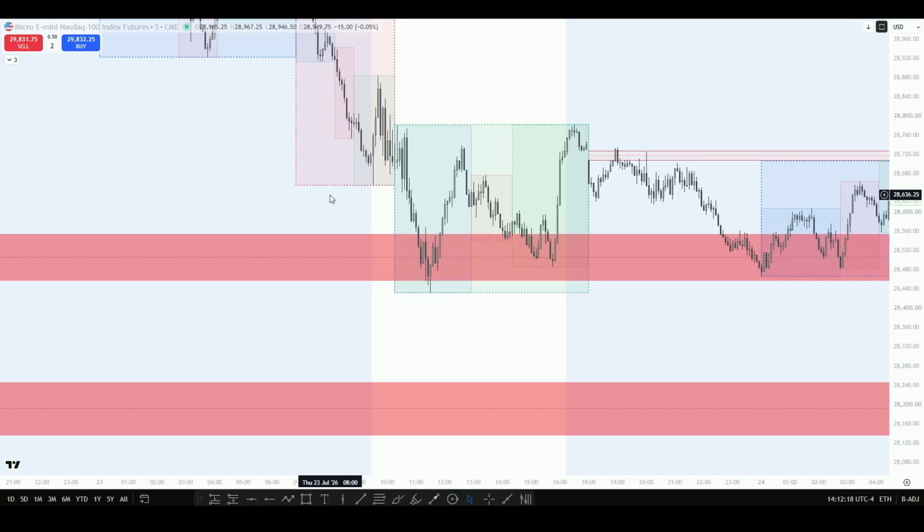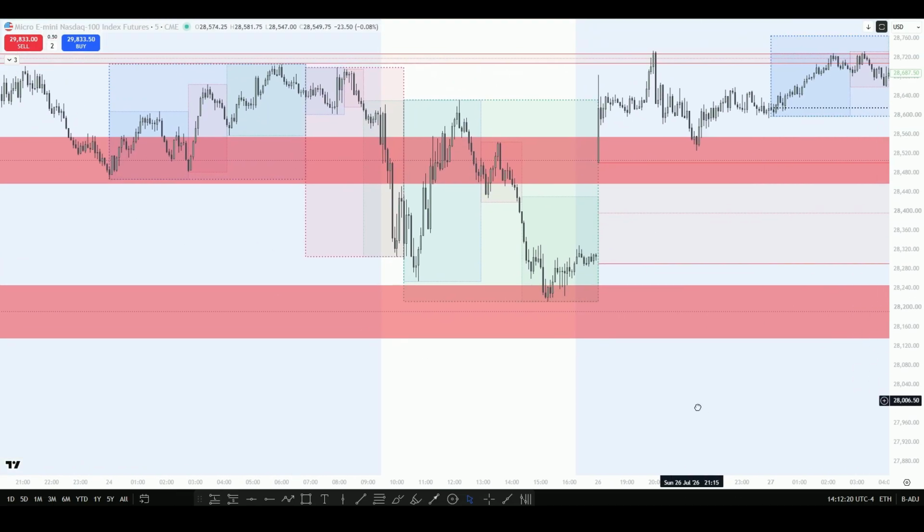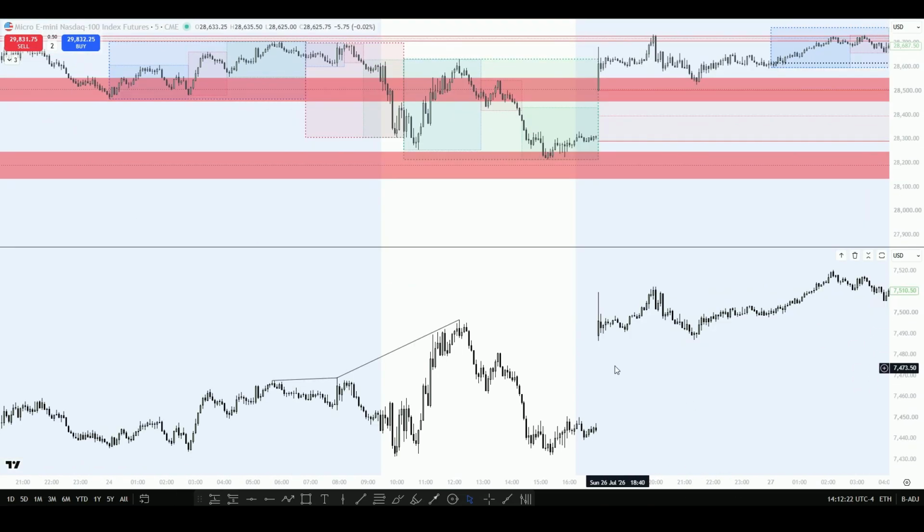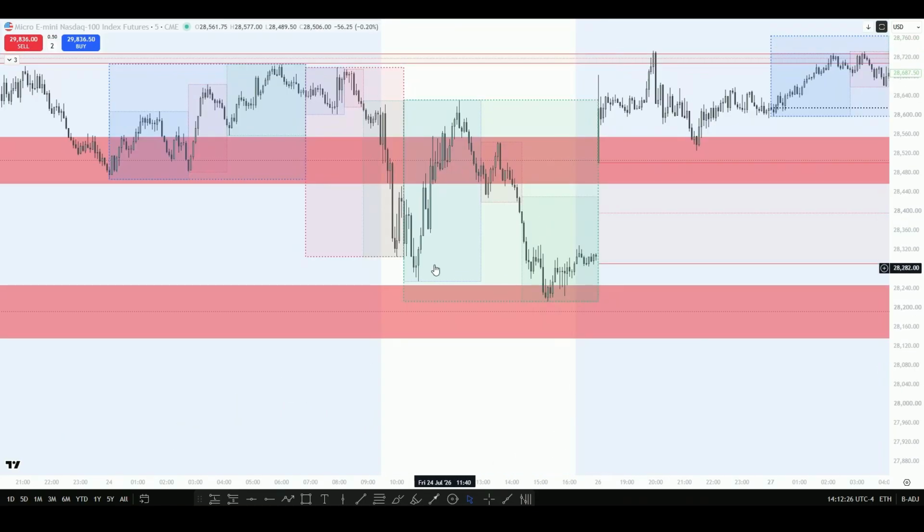Here, but there was no SMT, let's say, so not really. Setup here we have an SMT, so this one is an SMT, and of course it's around, see that it's within an NDOG again, and it's 5:15, end of the day macro starting, and then we open all the way up here.